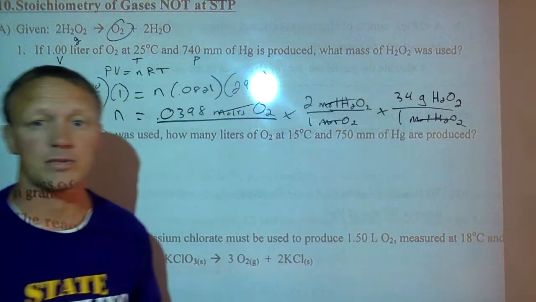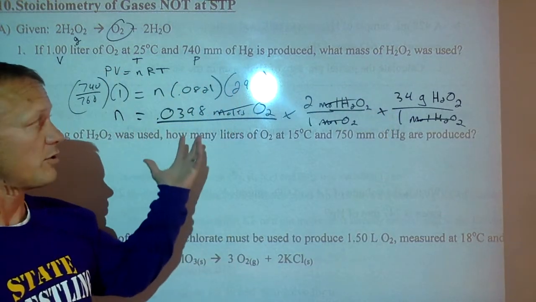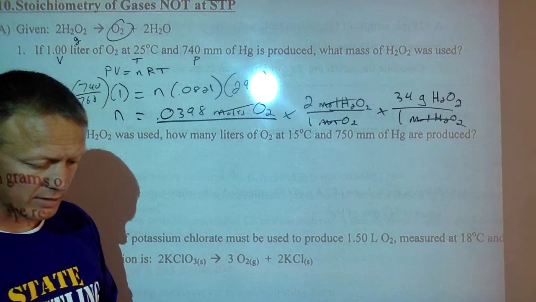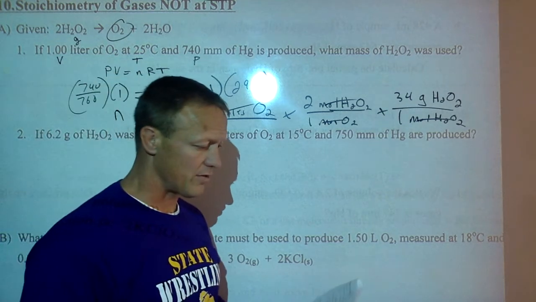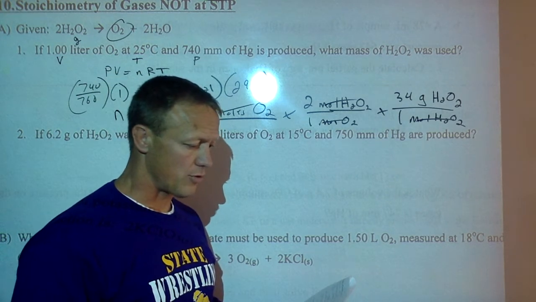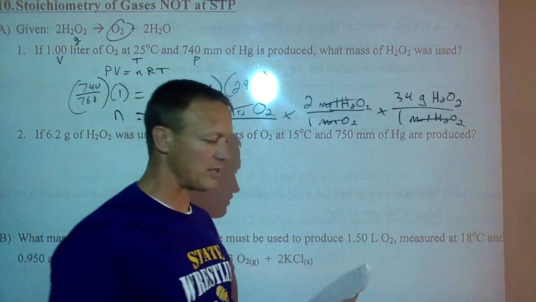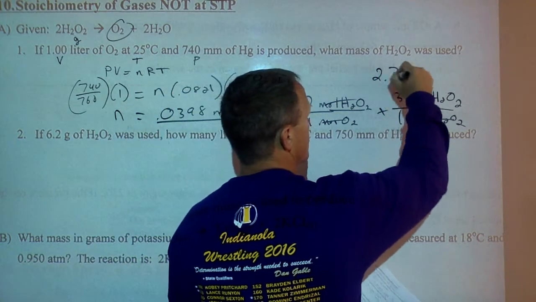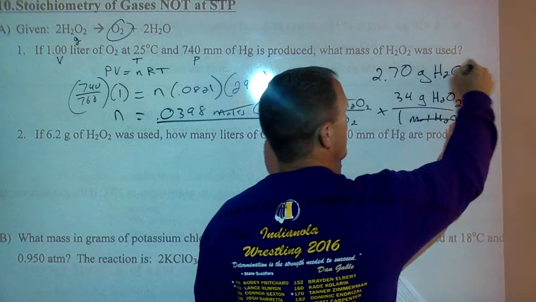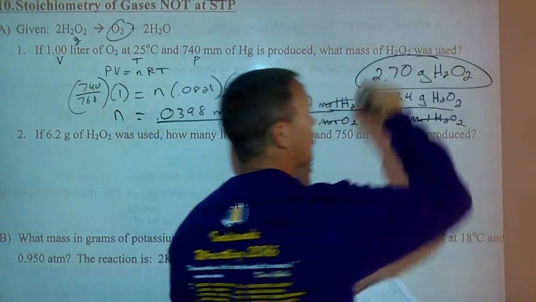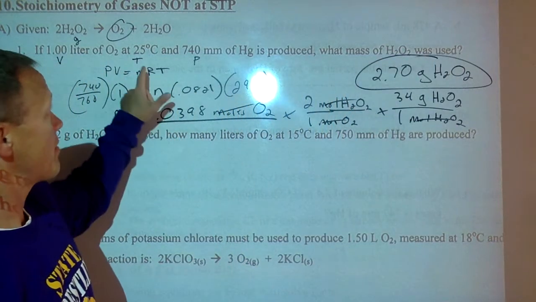Moles cancel. So we're left with grams of hydrogen peroxide. So fairly simple. You just got to do ideal gas law in there. You get about 2.7 grams. Probably could have 3 sig figs of this, but 2.70 grams of H2O2 could be produced from that much oxygen.